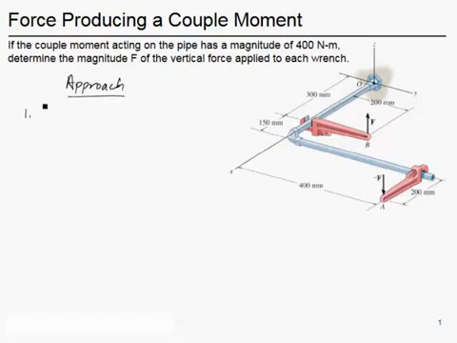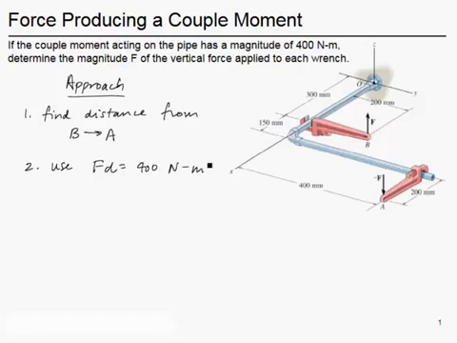Step one in our approach is going to be to find the distance from B to A, and I'll explain in a moment why that is the important quantity. And then in step two, we're going to use F times D equals 400 Newton meters to solve for the magnitude F.